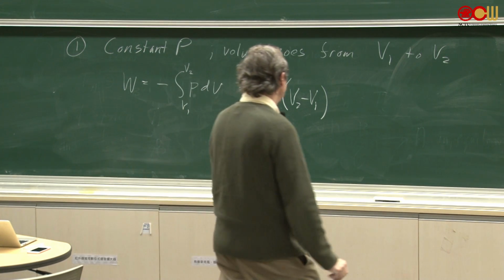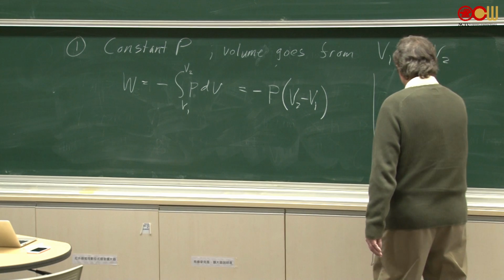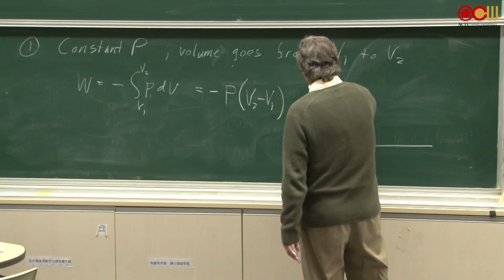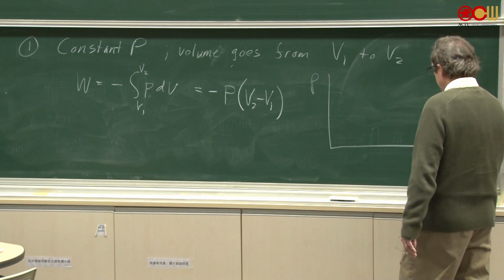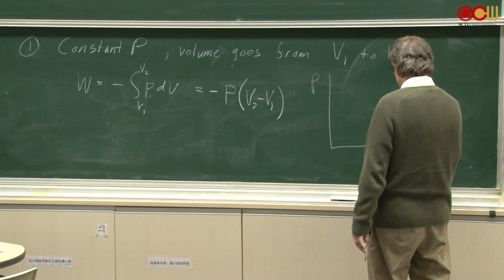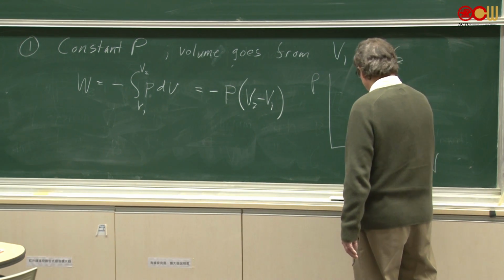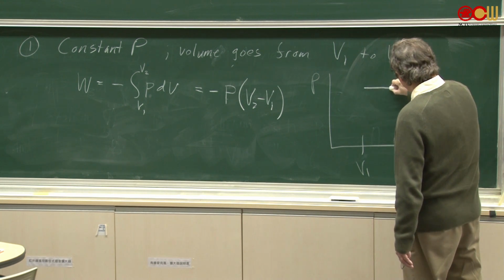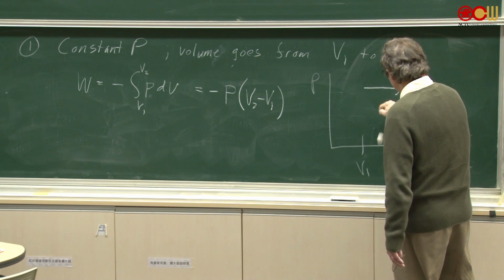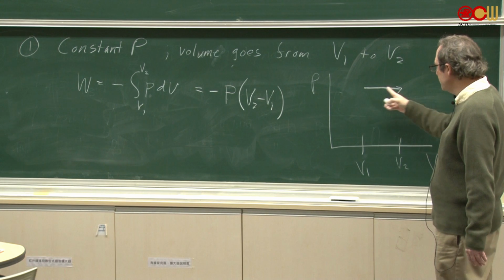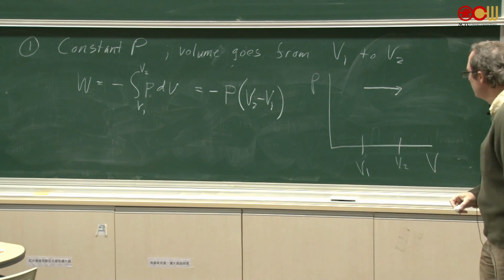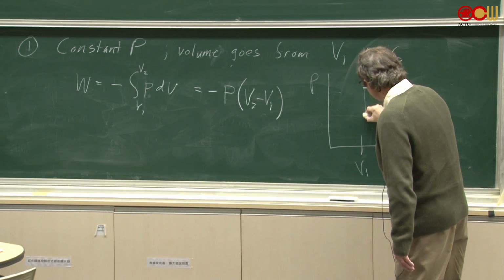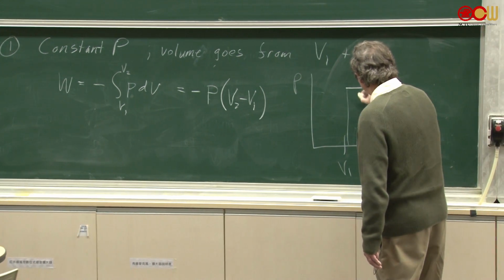All right, and that's the integral. Okay, let's see what that means in a picture. So we have P versus V. If this is V2, and this is V1, and it's constant pressure from here to here, then the work done is the area under the line.